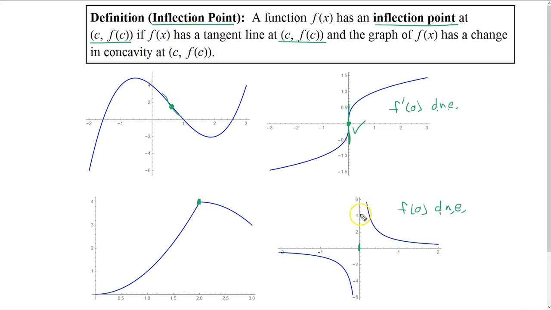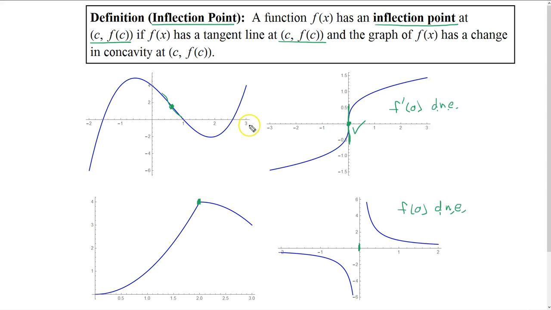Notice there's not even a point to plot on the graph of the function. So we certainly don't have a point on the graph where we have a change in concavity. Now we do have a change in concavity across 0, but we don't have an inflection point. So there are some graphs that clarify our definition of an inflection point.